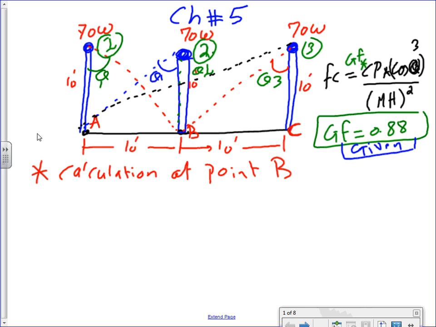I need to do the calculation from fixture 2, then from fixture 1, and then from fixture 3. Do you agree that this point will have light coming from fixture 2, fixture 1, and fixture 3, and you add them up, that will get you the foot candle at point P from the 3 fixtures? Did you guys hear me?